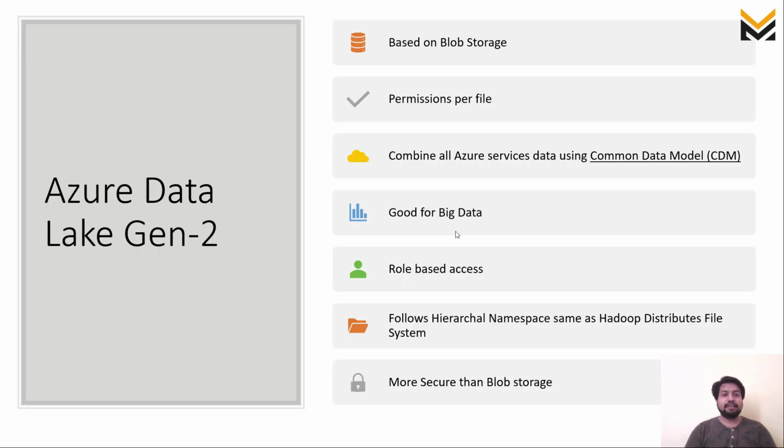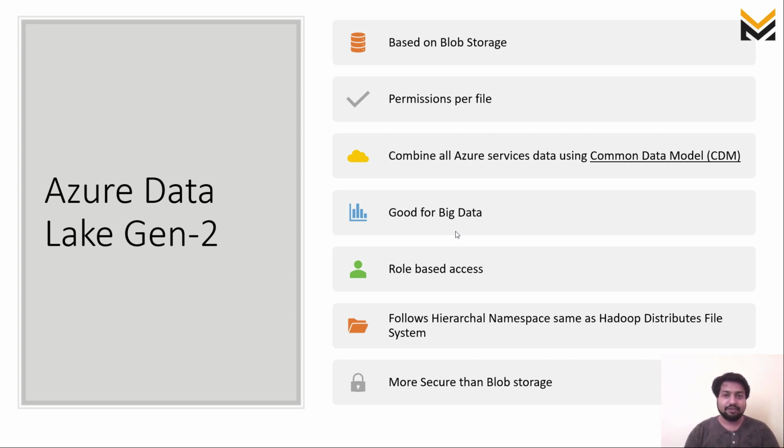Then comes the Azure Data Lake Gen 2. It is again a service which is based on blob storage only. However, it is much more profound, and it comes with a lot more things and is a bit premium compared to blob storage. First thing it can do is provide permissions per file.